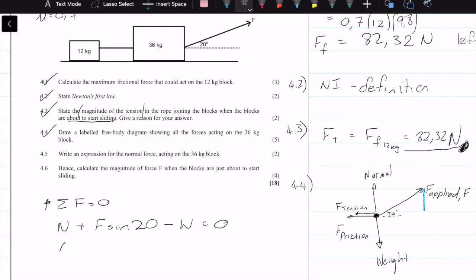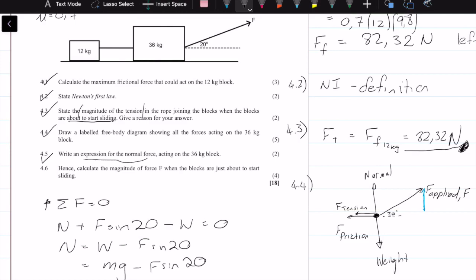So the normal force is equal to weight minus F sine 20, which is mg minus F sine 20. That would be our expression, and we get 2 marks for that.